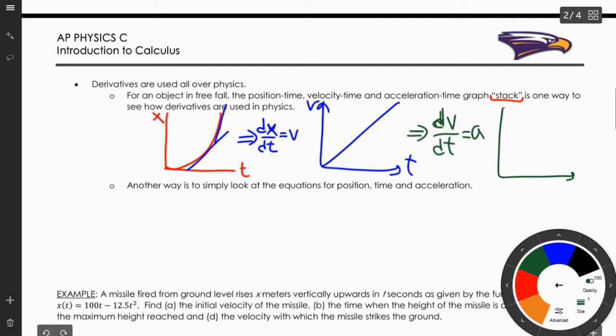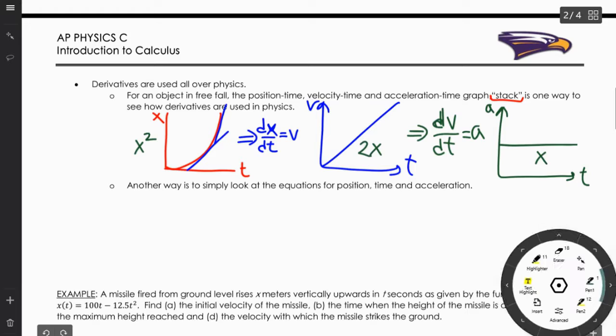And then a sloped line goes to a constant line. So let's just do general x squared. This would be 2x, and this would be 2. So these would be my functions.